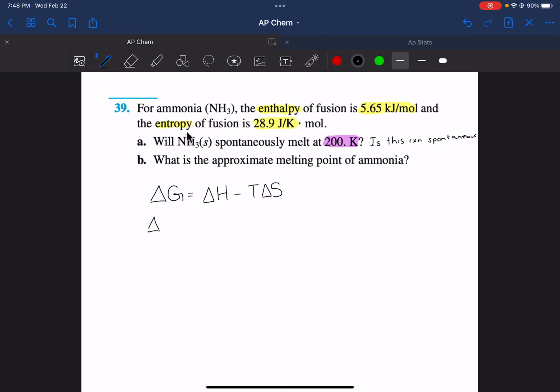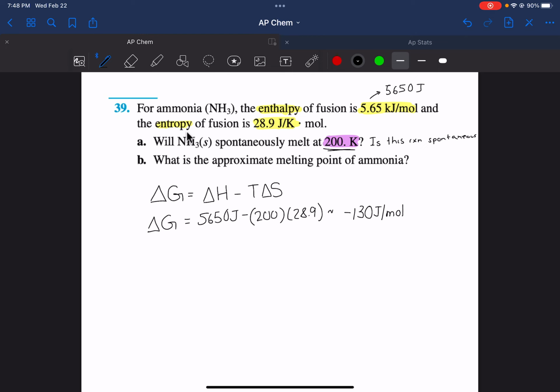So all you're simply going to do here is plug in. Delta G is going to equal, I'm going to convert this to joules, 5,650 joules minus the 200 they just gave me times the 28.9 joules. I'm not going to put the units. Which is approximately 130 joules per mole.